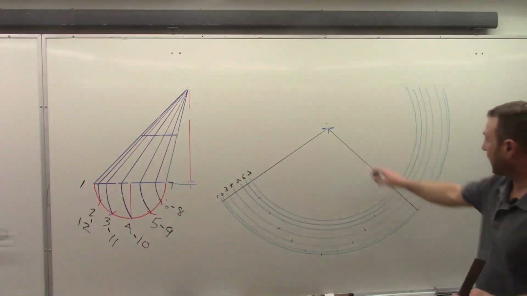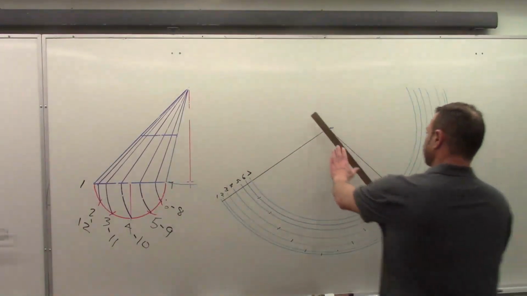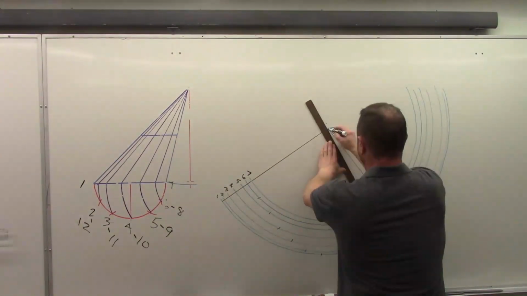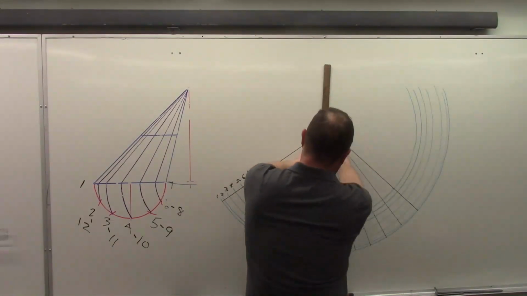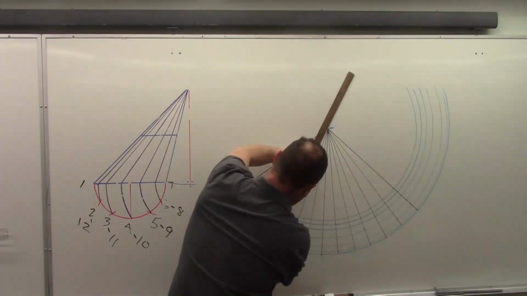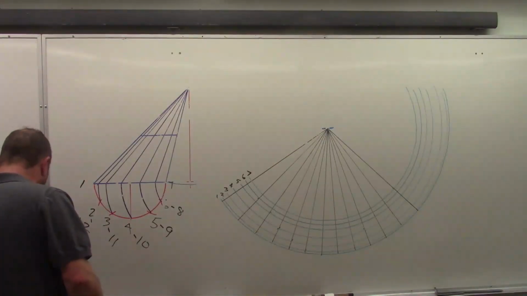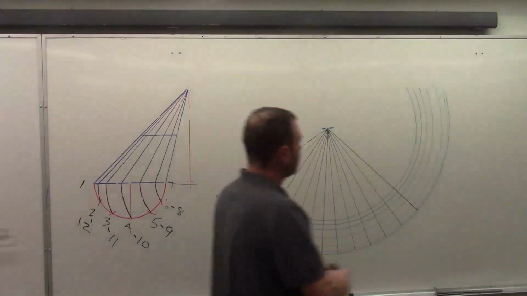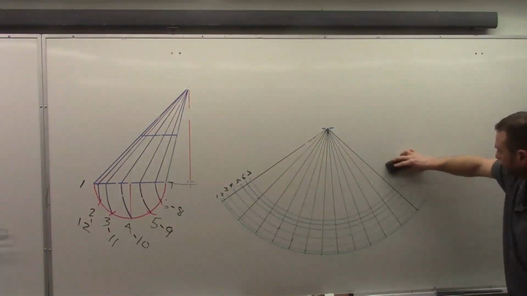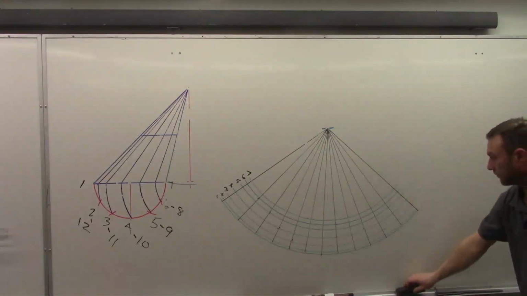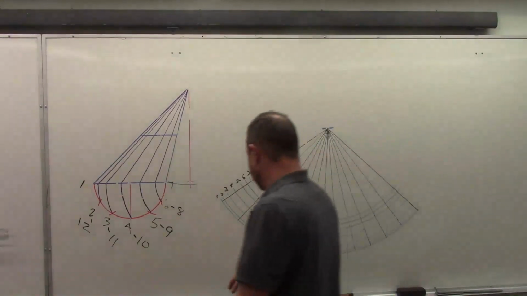Now I'm going to go in and radiate all these points back to my apex point. Okay, so there's all our element lines in. Get rid of my extras here, just for clarity. So that's basically our pattern.